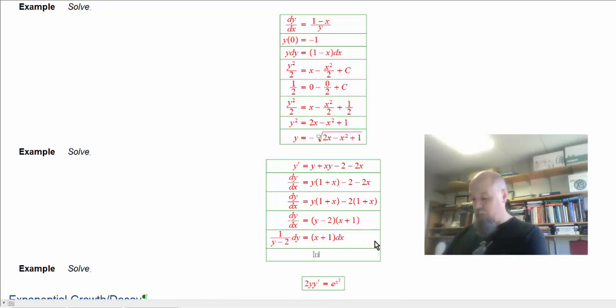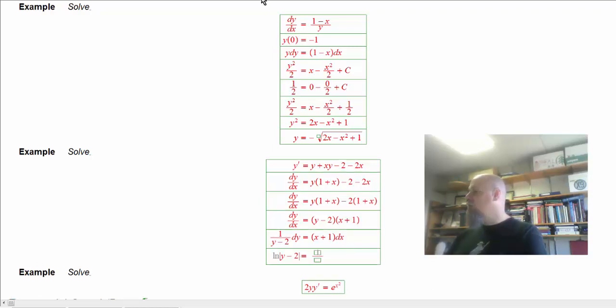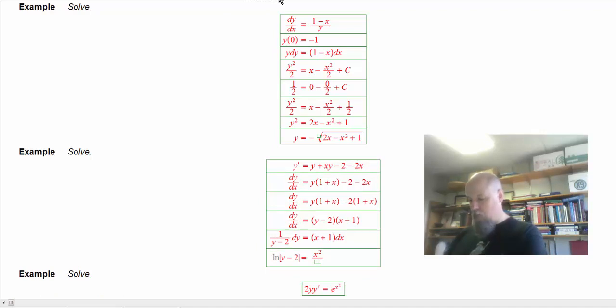Integrate both sides. Absolute value of y minus 2 equals x squared over 2 plus x plus a constant.